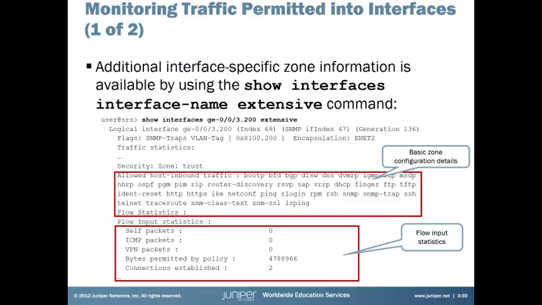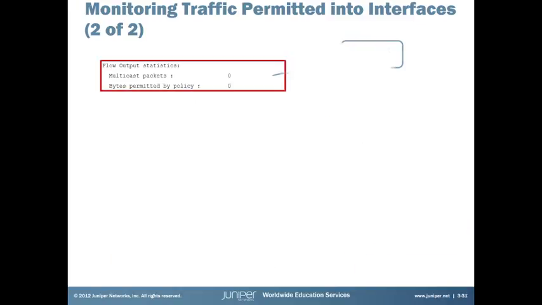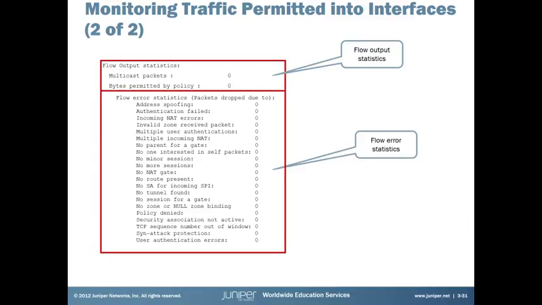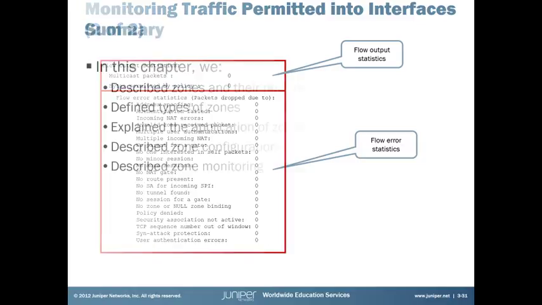Once we do that, we will actually see what zone the interface is in. This one's in the trust zone, as it happens, and the host inbound traffic will be shown there as well. And we can also view the actual traffic that's coming in or out of the zone.